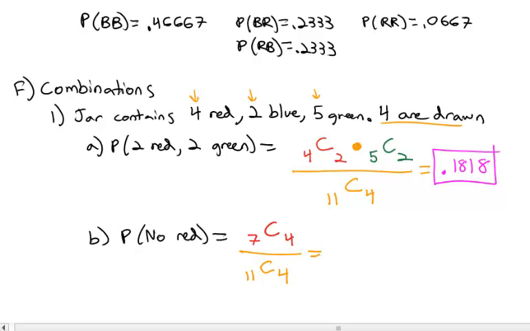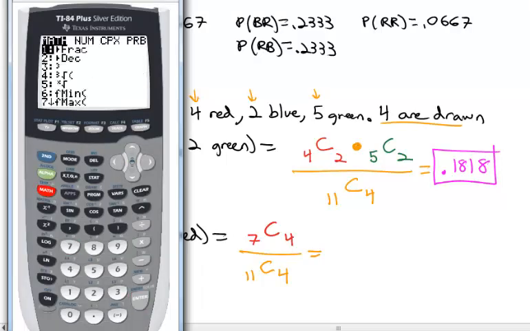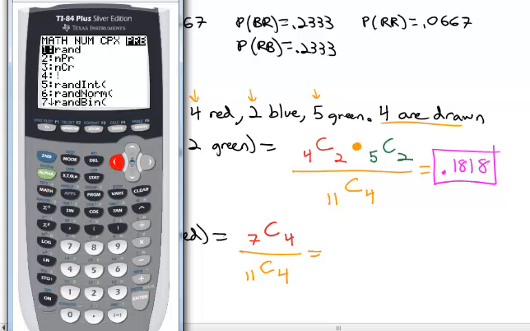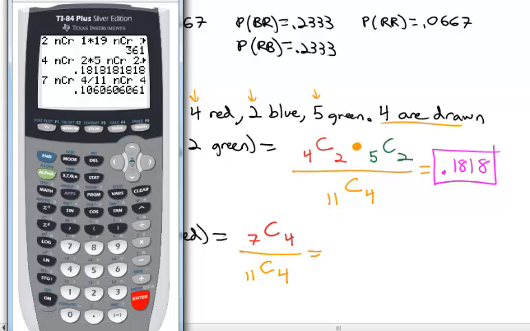Again, we can use our calculator to find this probability. 7 math over to probability down to combination 7 choose 4 divided by 11 choose 4. The probability I get no reds is 0.1061 when I round it.